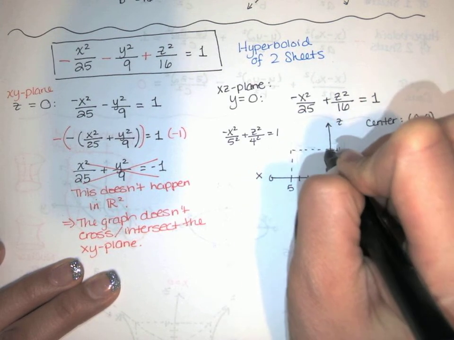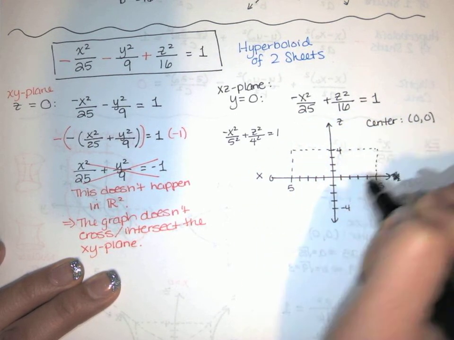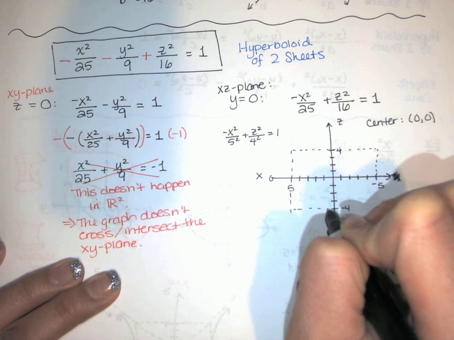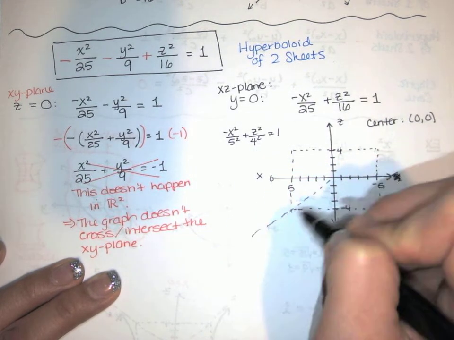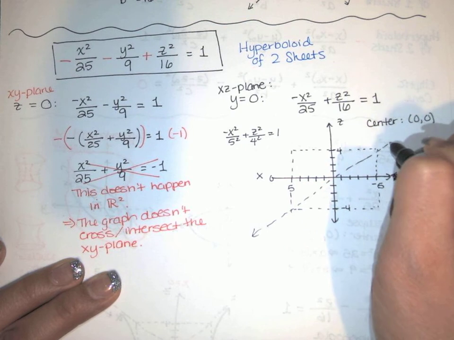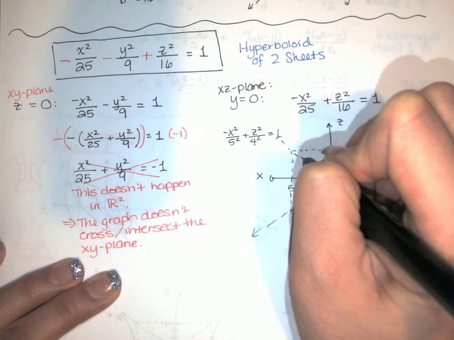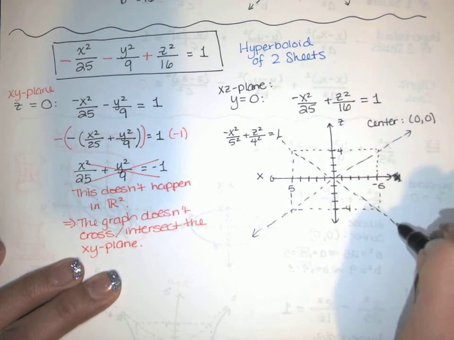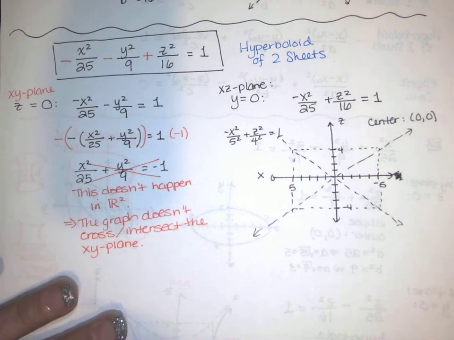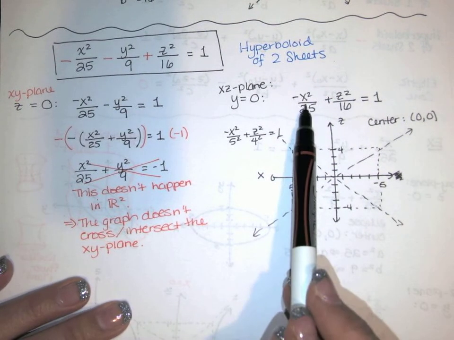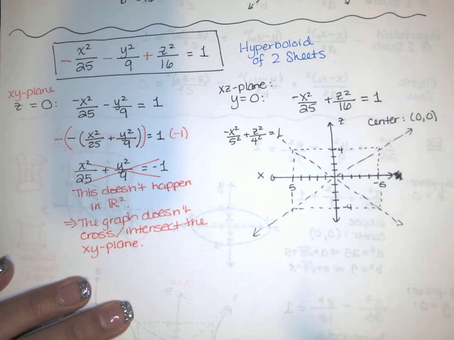And since it's a hyperbola, we're going to draw our little rectangular box, and then draw in our diagonals as the asymptotes of our hyperbola. Okay, so not much has changed there, but notice this time the x is negative and the z is positive.